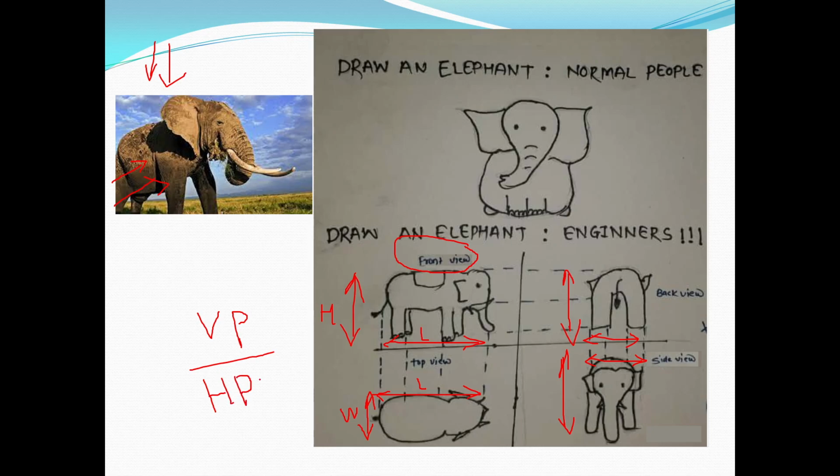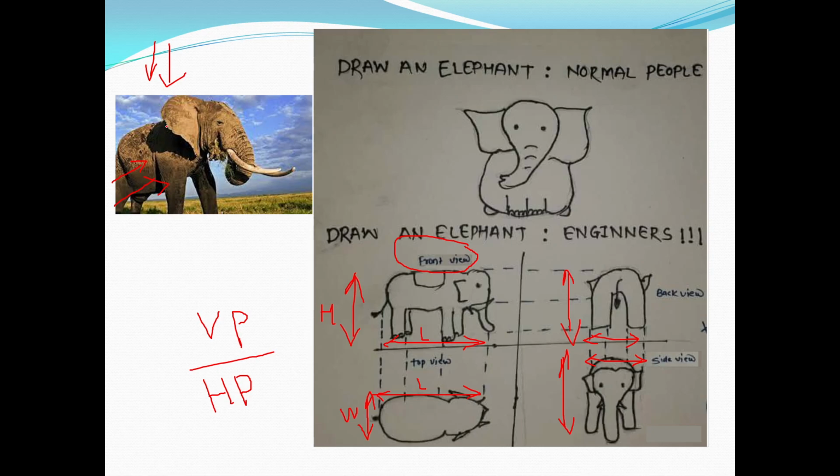Horizontal plane means you are looking towards an object, the object is in front of you, so you will get the projection of all these points of the elephant on that particular plane. That plane is the vertical plane, perpendicular to the ground.